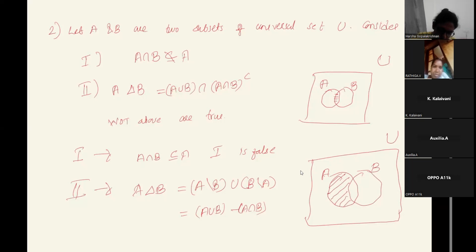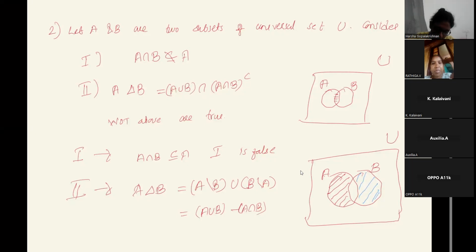Here, the set of all elements in B which are not in A. This is A difference B union B difference A. That is the red shaded portion union the blue shaded portion.